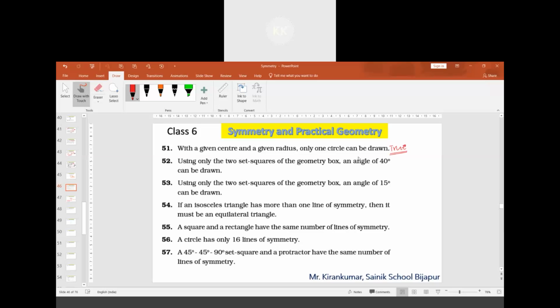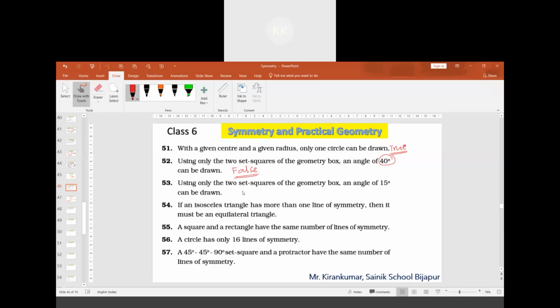Can we make a 40 degree using a set square? No, sir. So this statement is false. We can make only 30, 45, 60 and 90 degree, but 40 degree is impossible.